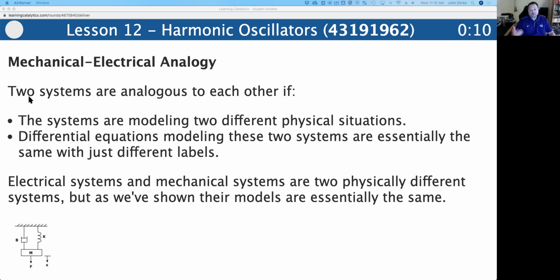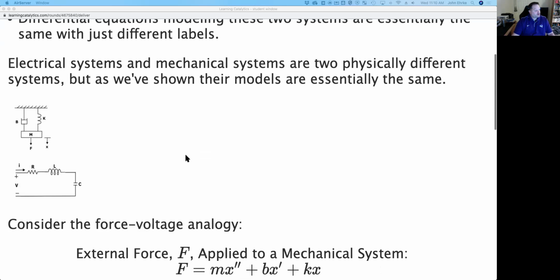Essentially, mathematically speaking, two systems are analogous to each other if the systems are modeling two different physical situations, and the differential equations which model those two systems are essentially the same with just different labels. And what we've actually figured out here is that the spring mass equation and the equation which governs the current or voltage in a circuit, or the charge on the capacitor of a circuit, have a relationship with one another.